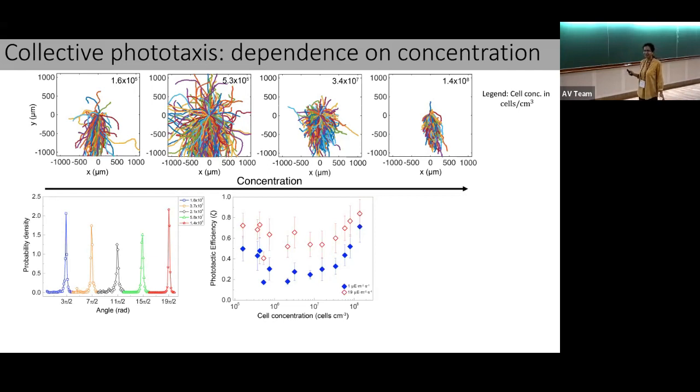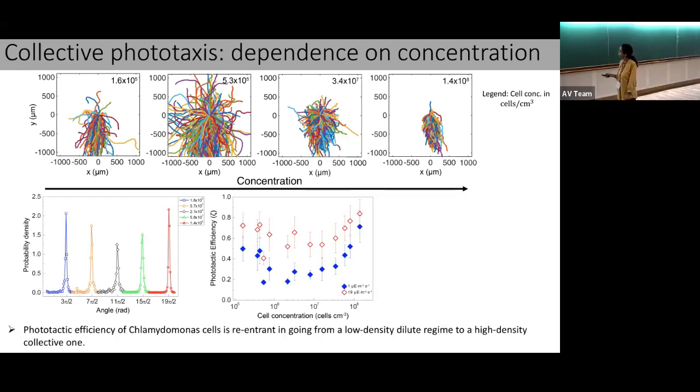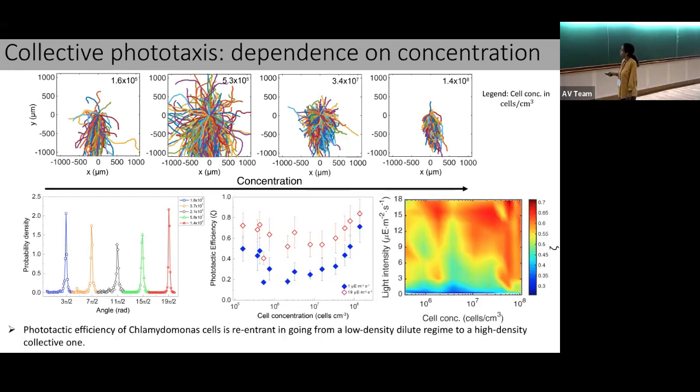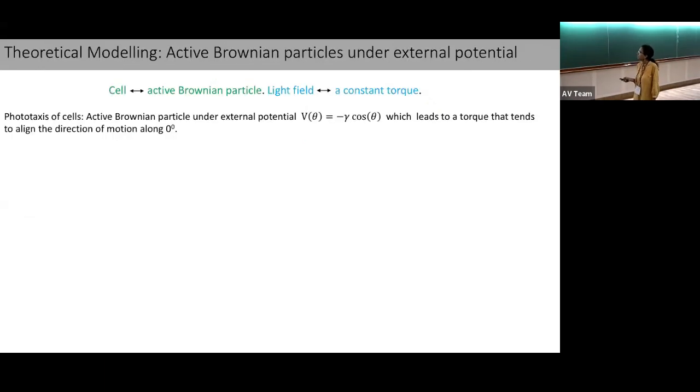I have a story, or rather a hypothesis and evidence, as to why the efficiency would go up above this critical concentration. Later on we did this experiment for a large number of light intensities and cell concentrations, and similar reentrant behavior was seen.